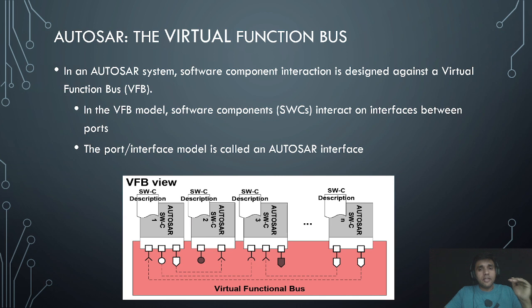The layers below the RTE, the AUTOSAR basic software, will provide a lot of services, as I told earlier, in the form of APIs. Now if one of my software components needs to get access to that API, I'll give an example. Let's say we are talking about COM and I have a CAN signal that needs to be written into one of the CAN messages.